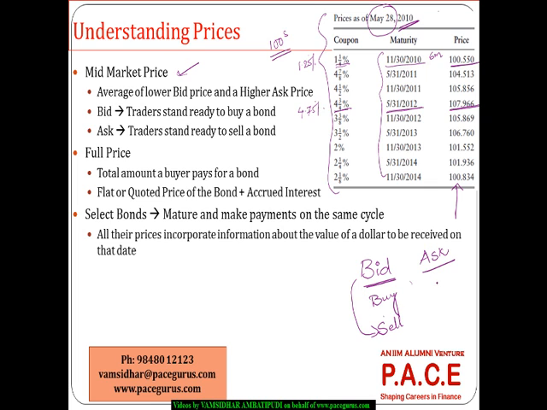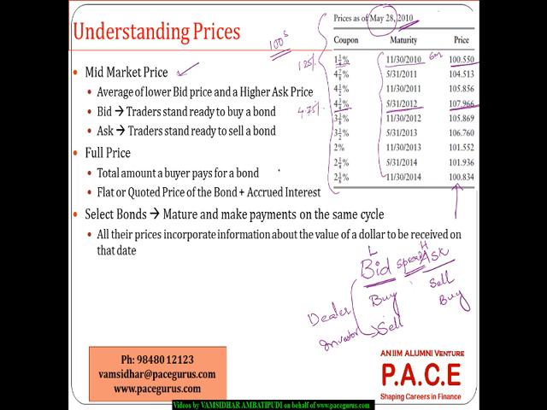Ask is the price at which the dealer will be selling, so the investor has to buy at that price. Obviously the ask price will be higher and the bid price will be lower. And the difference between these two is what we call the bid-ask spread.